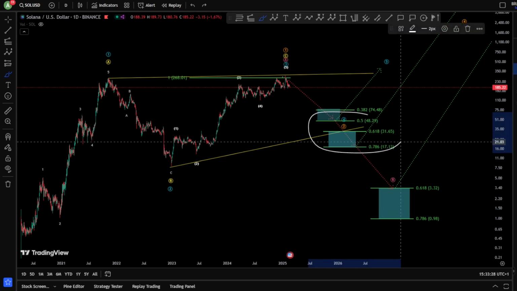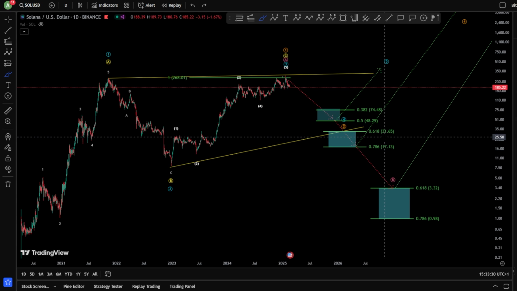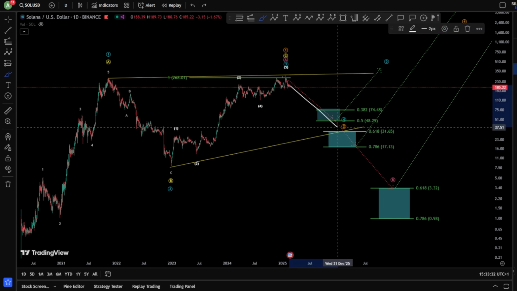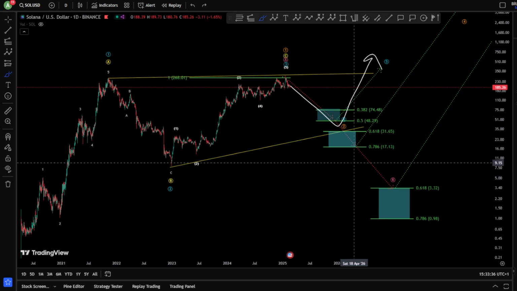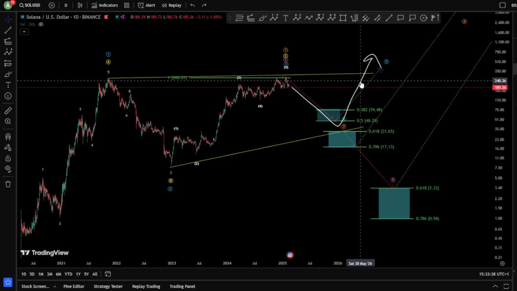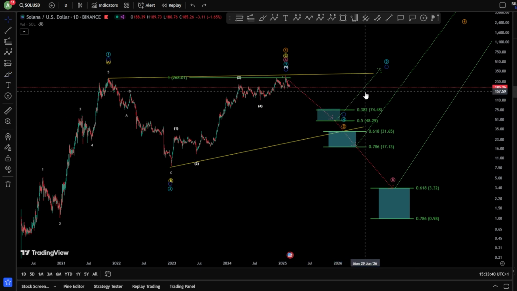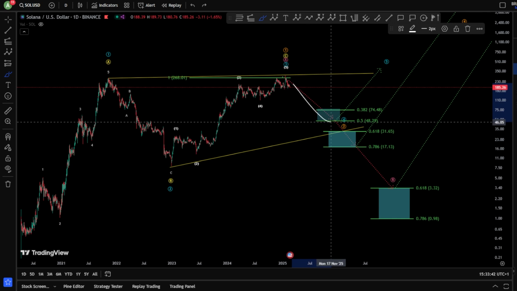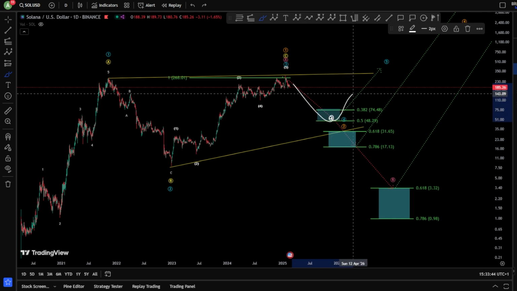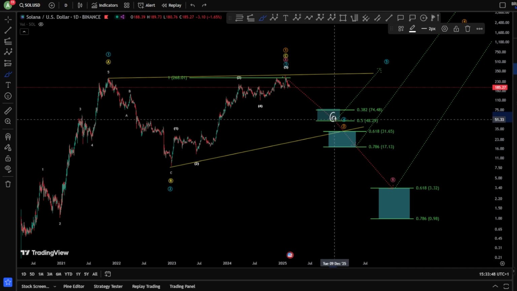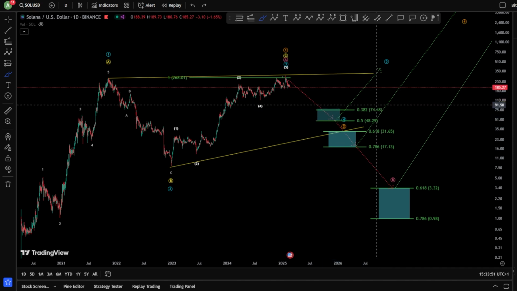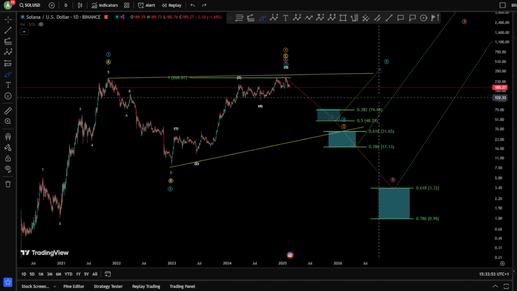We need to break all these stronghold targets and supports, and then think about moving toward the downside, because anyway we're gonna get a retracement here even if we are bearish. If you get to this area and you are bearish, you need to move for higher and then move toward the downside. So it's a very important crossroad for bullish scenarios.